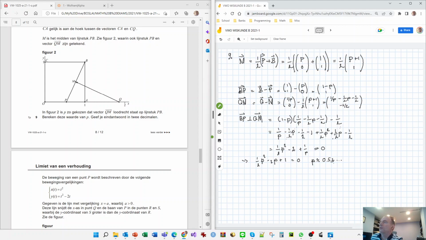Okay, so BP is vector 1, 1 minus P, 0, at the coordinates of B, so 1, 1. This is P, 0, and for QM we have 1 over P, 0 for the coordinates of Q, and we found M here already.